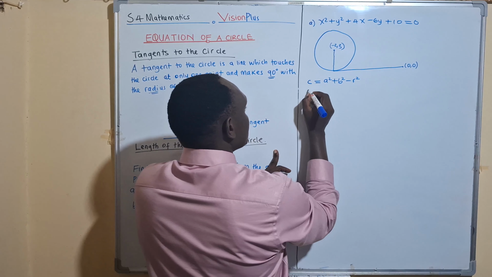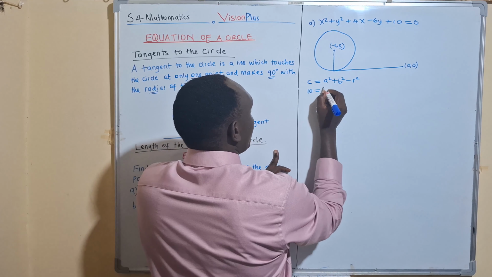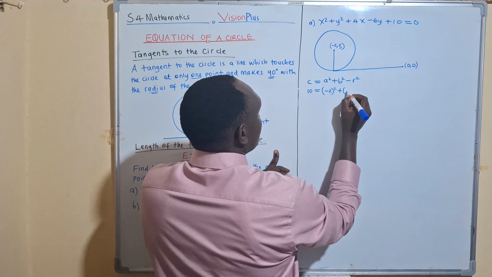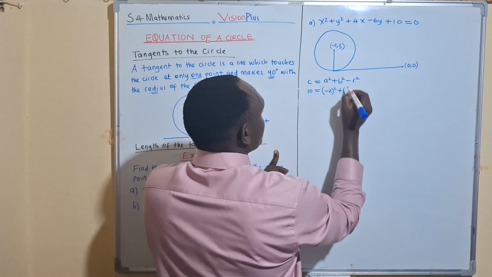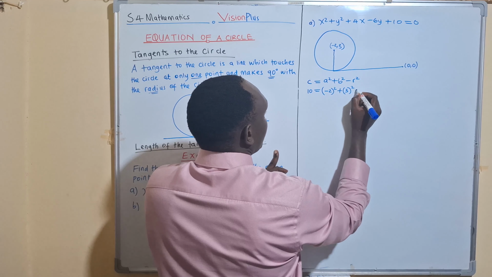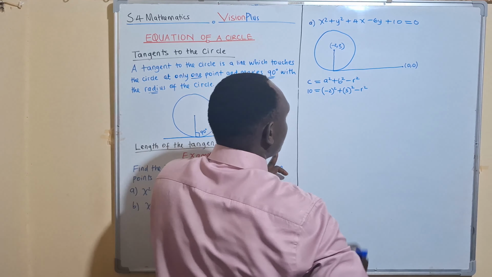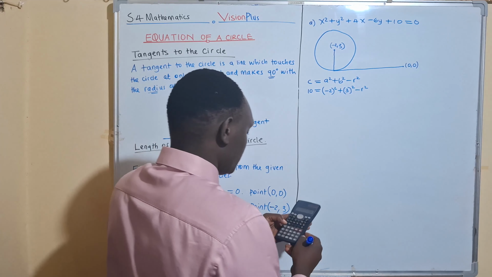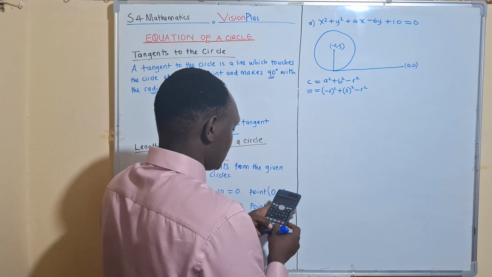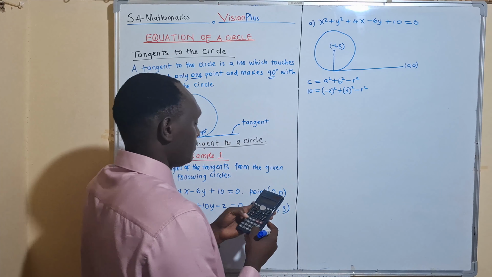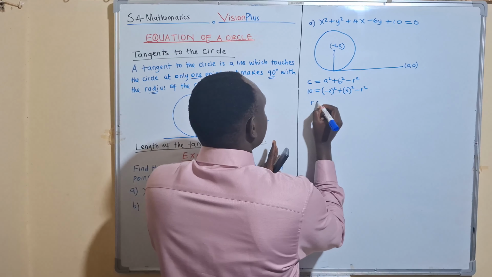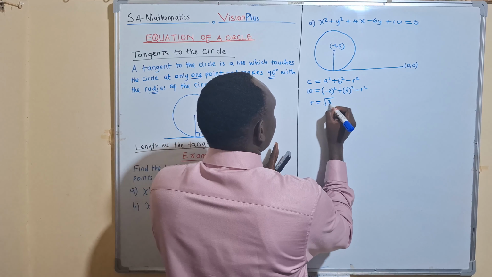We substitute for C: 10 equals (-2) squared plus 3 squared minus r squared. So from here, we can get our radius of the circle. (-2) squared plus 3 squared minus 10. So I'm getting the radius as root 3 units.